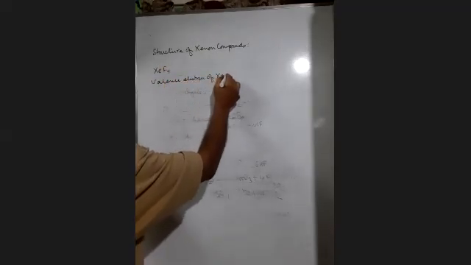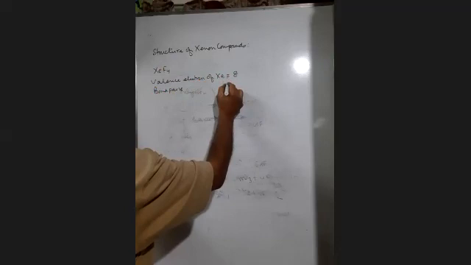So now I write here XeF4. So valence electron of xenon is what? 8. How many bond pairs? Now do you know? Bond pairs how many? 4.